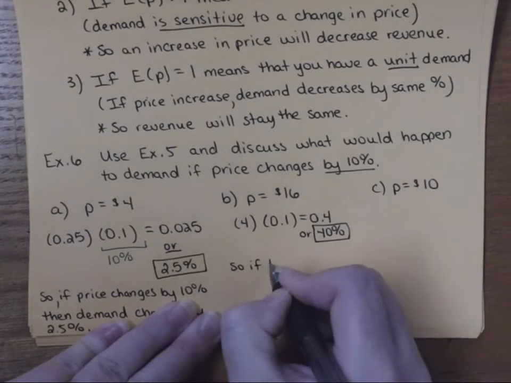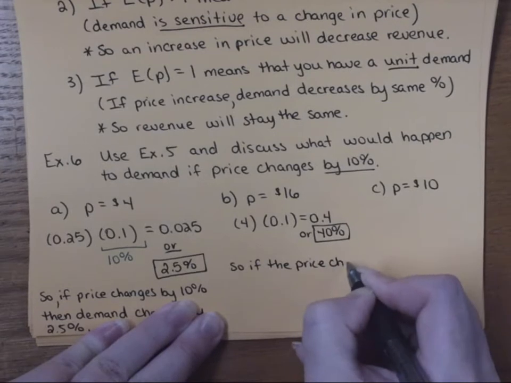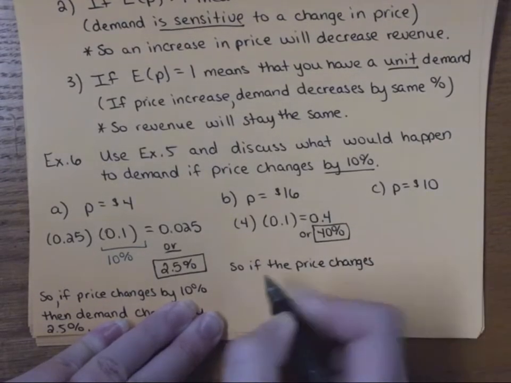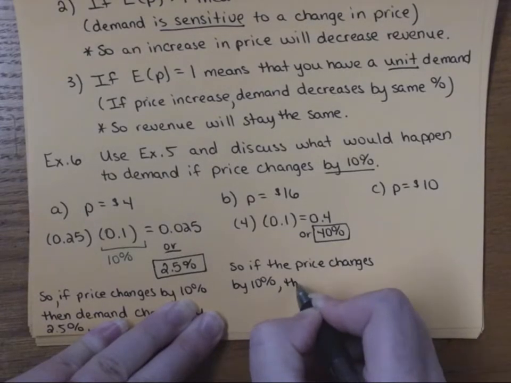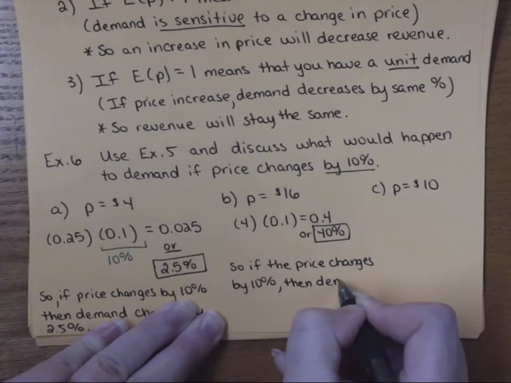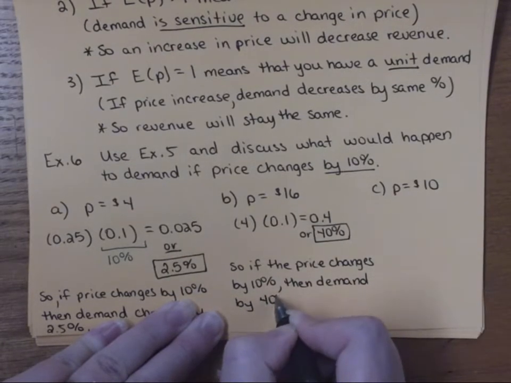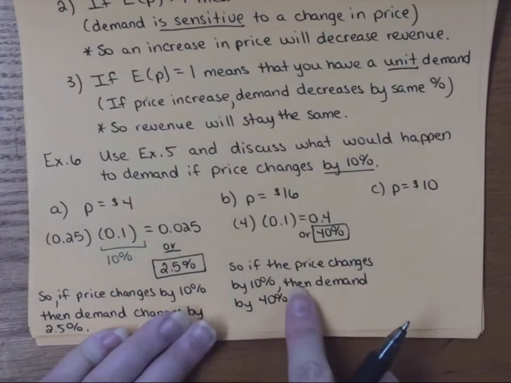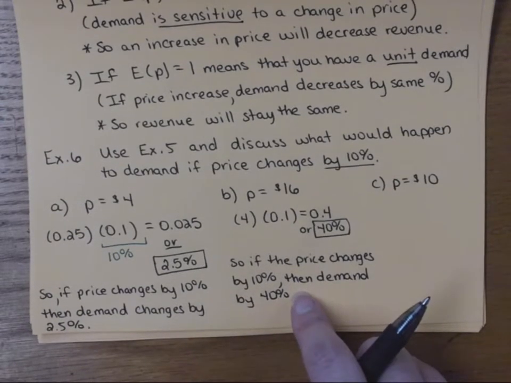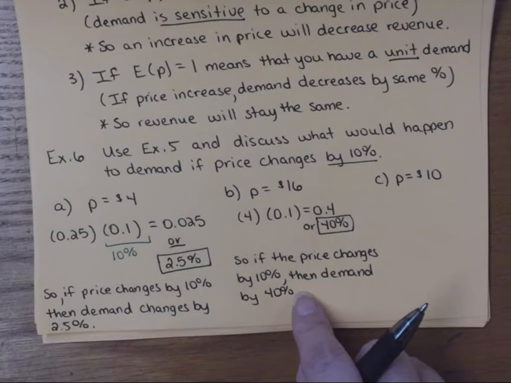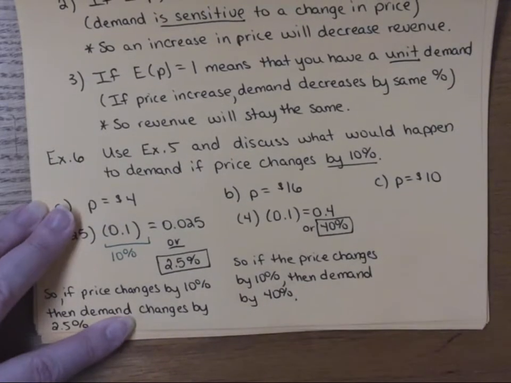So if I bump my price up by 10%, because that's what it is for all these parts, then the demand changes by 40%. And remember, that means it's going down by 40%. Okay, so that's too risky. We wouldn't want to increase the price by 10% if we were going to lose 40% of our demand or 40% of our sales. That would be a really bad business move.